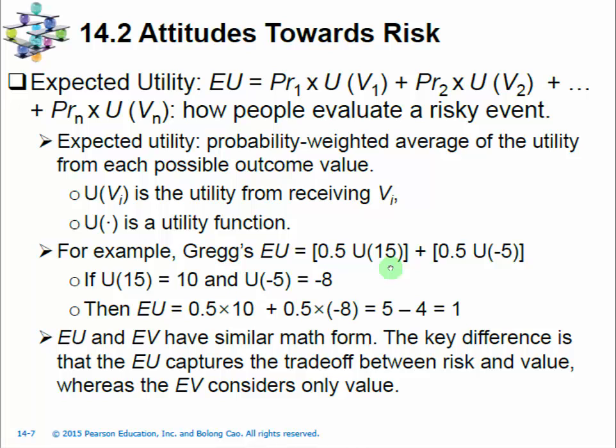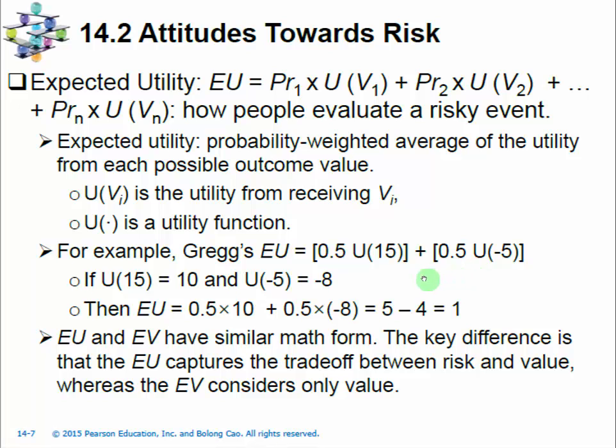For example, let's think about a risky event. The outcome can be either 15 or -5, and each has a 50% probability to occur. So if we use 0.5 times 15 plus 0.5 times -5, we get 7.5 minus 2.5, so the expected value will be 5.